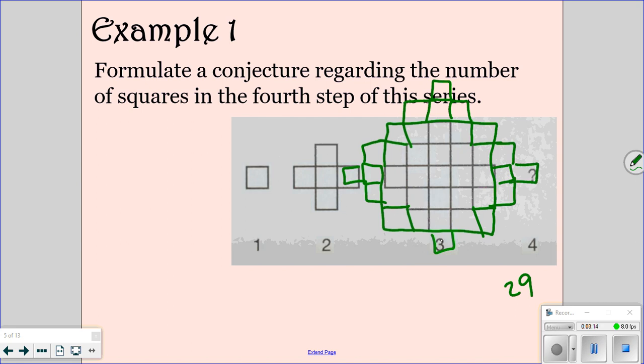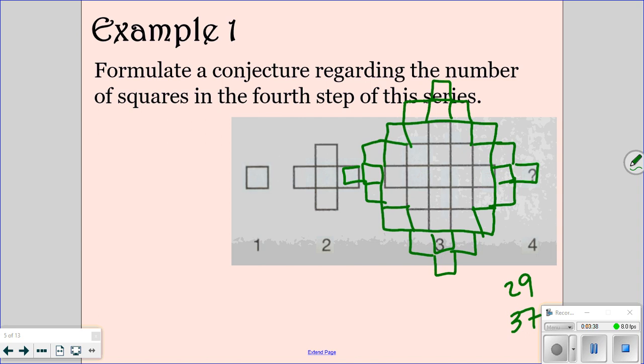It didn't say what's for sure going to happen, because we don't know. We weren't really given enough information to be able to make a great conjecture. So this would be 25 and then plus 4, plus 4, plus 4, plus 4, which would be 37. So if you'd come up with 37, that could also work.